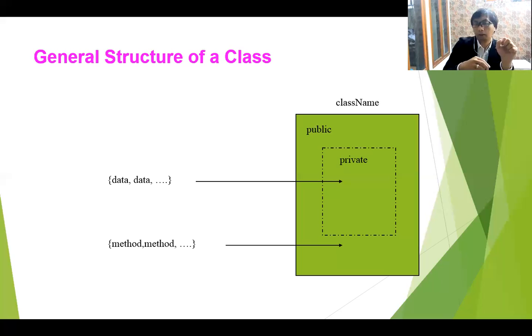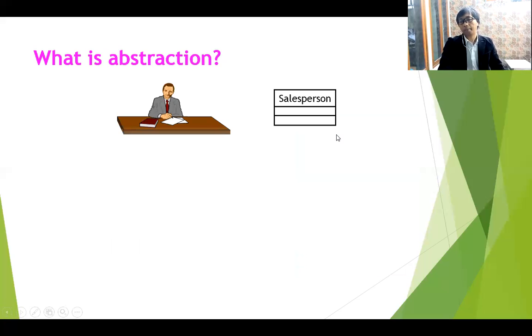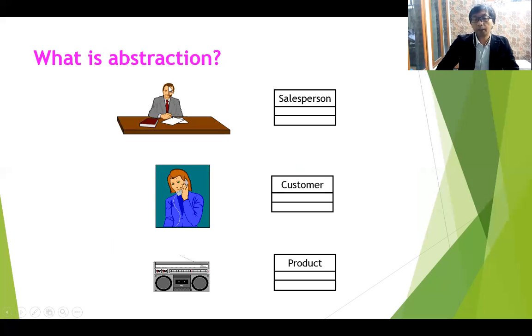Maybe in a specific case you need to give an attribute public access. It's okay, but in general, the structure of the class will follow this rule. The attributes will always be private, and the methods will always be public. This is the rule that I already explained to you before.